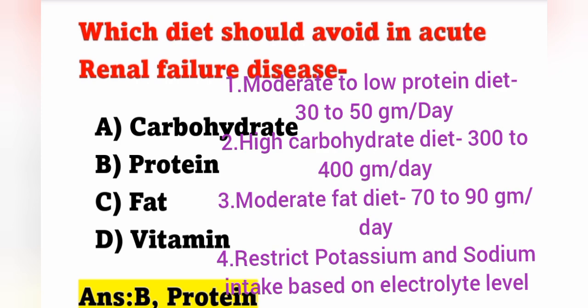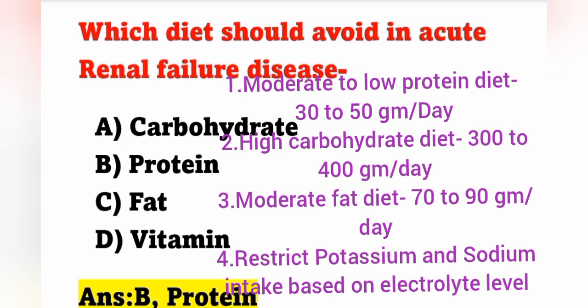The dietary advice for the patient with acute renal failure is a moderate to low protein diet, about 30 to 50 gram per day. So protein should be low to moderate. This is to decrease the workload on the kidney.